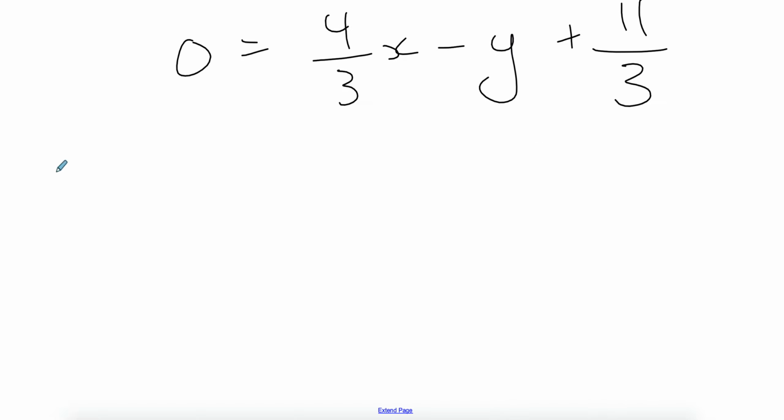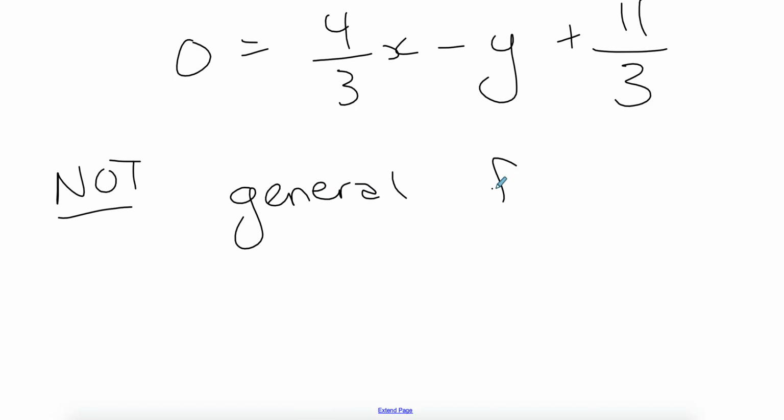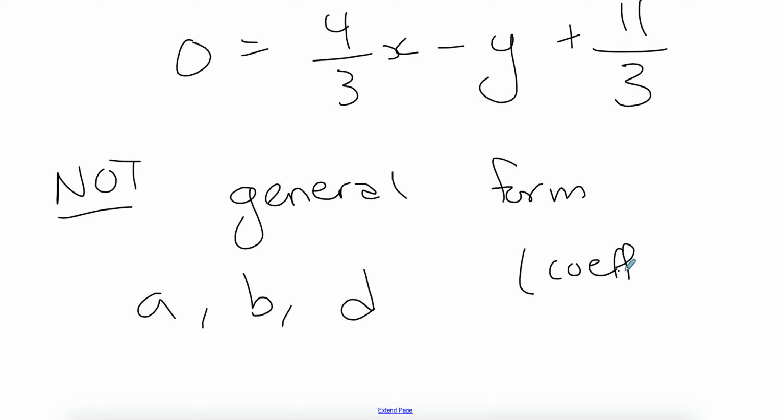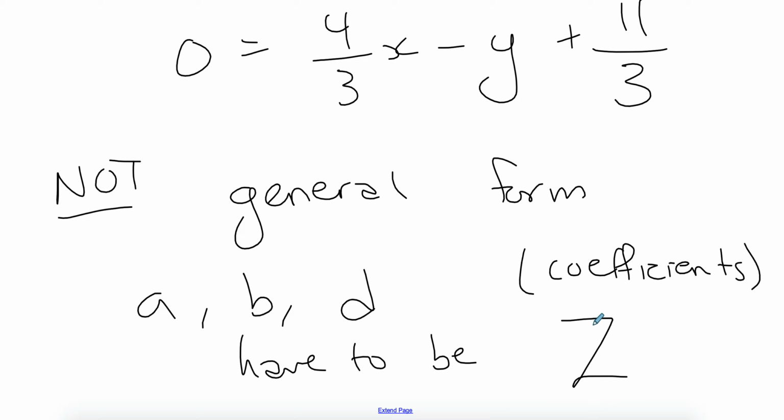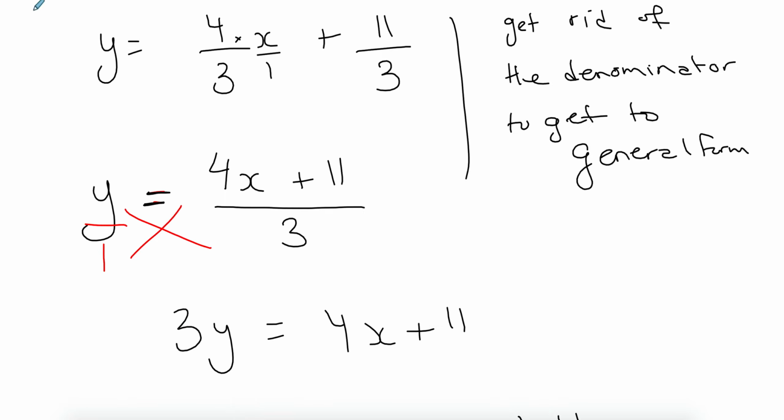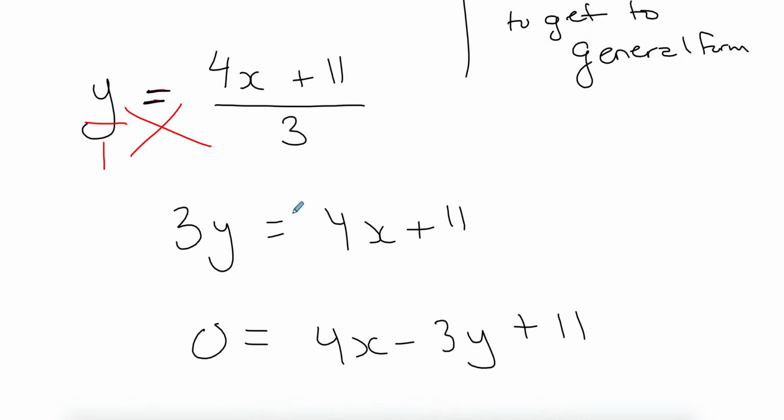Now, this is not in general form, because your A, B, and D, so these are the coefficients, have to be integers. They could be positive or negative integers, doesn't matter, but they have to be integers, and these are not. These are rational numbers, so they're fractions, which is why we were doing this method of canceling it out.